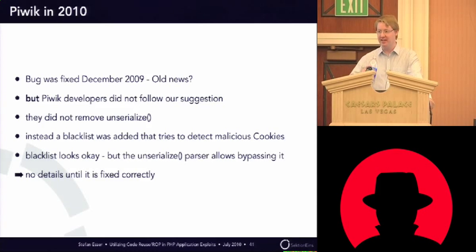And after looking at it again and again, and looking at the unserialize part in detail, it was very obvious that the blacklist is ineffective. So I won't tell you how it works exactly, but if you prepare the serialized string in a special way, you can bypass all their blacklists.